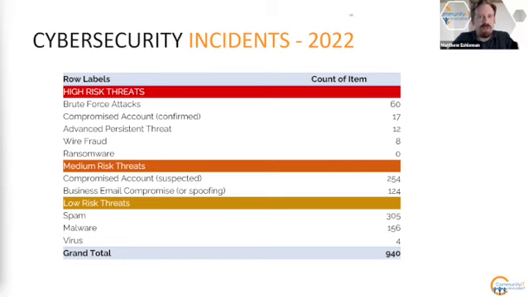And then finally, it's interesting here in the low risk threats, we have things like spam, which we already talked about, being relatively easy to identify and also delete. But then we also have things like malware and viruses, which for us and our customers, look like a relatively high rate.